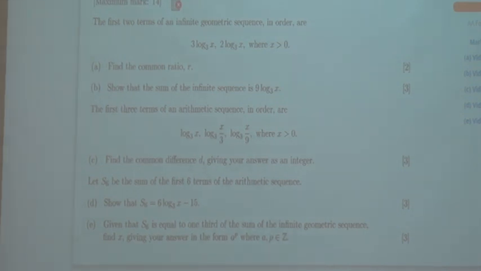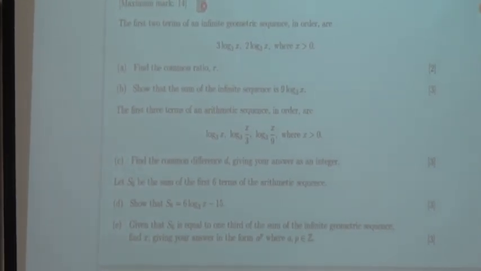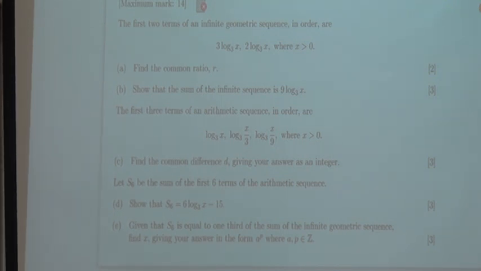What did you get for the common ratio? 2/3. So that the sum to infinity is in that. Are you able to do that? Yes. Okay. The first 3 terms of an AP are this. Then you can think of the arithmetic mean here, because you have 3 terms. Find the common difference. What do you get for the common difference? Minus 1. Everybody got minus 1? Larissa, Leo, you're not talking. I hear everyone talk. You didn't finish? Okay.